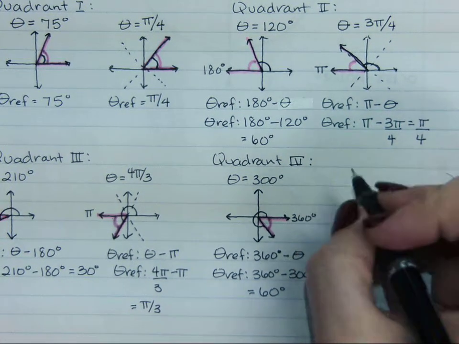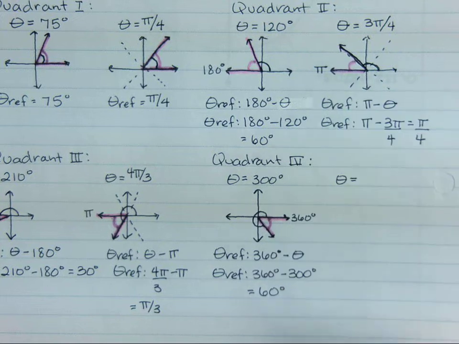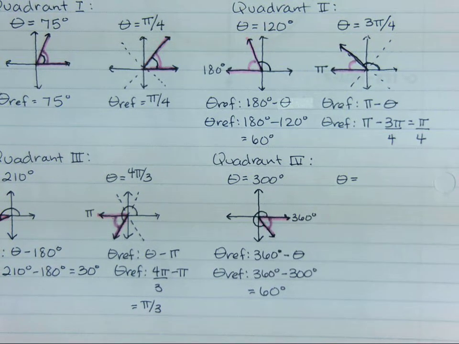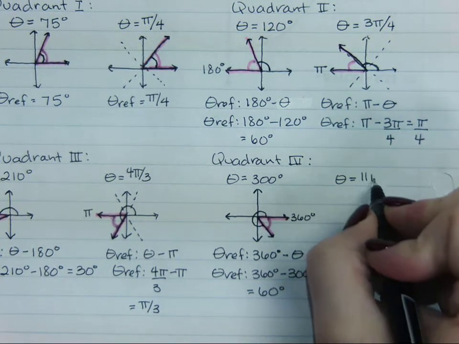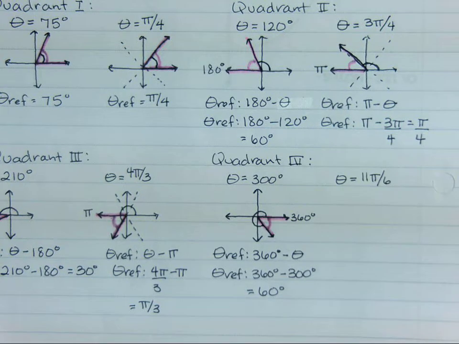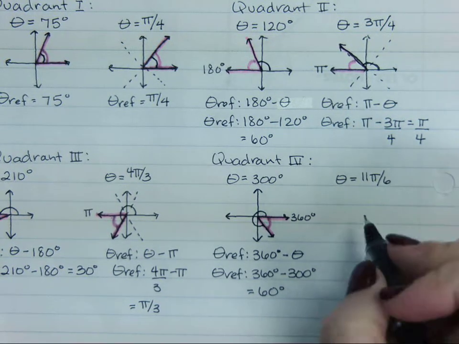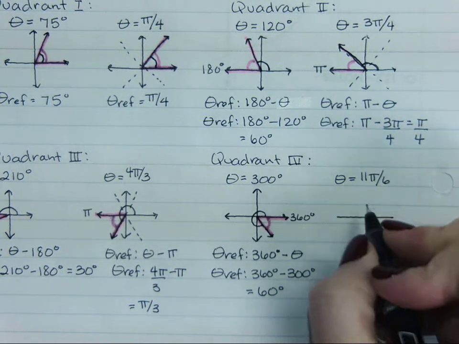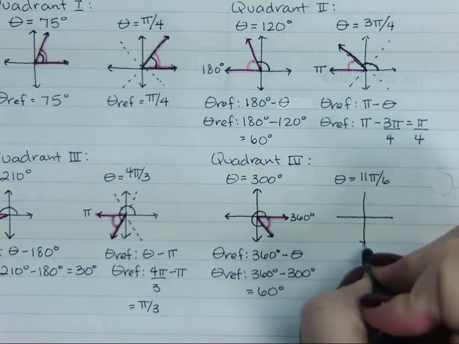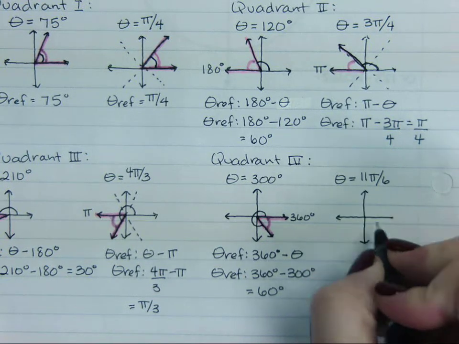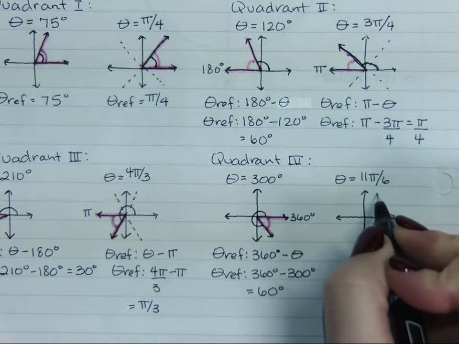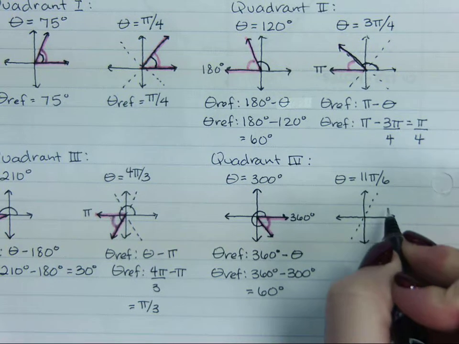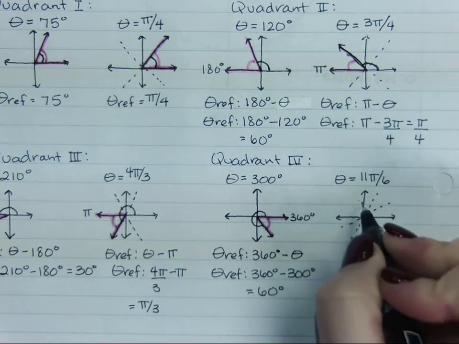Again, let's do one in radians. Let's do 11 pi over 6. Draw that out. Now, remember when you are in increments of pi over 6, these need to be cut into 6 equal pieces at the top.